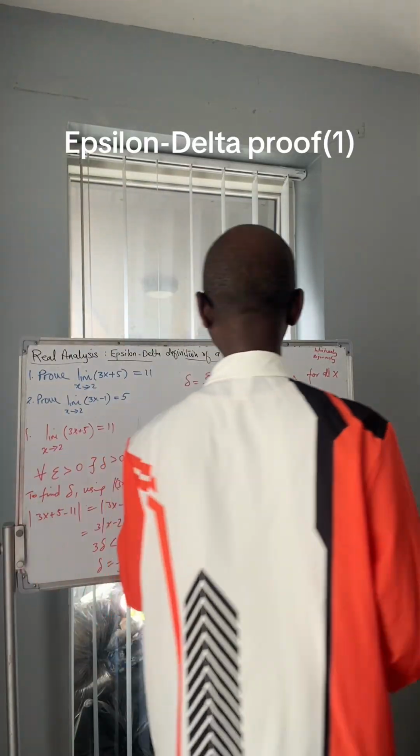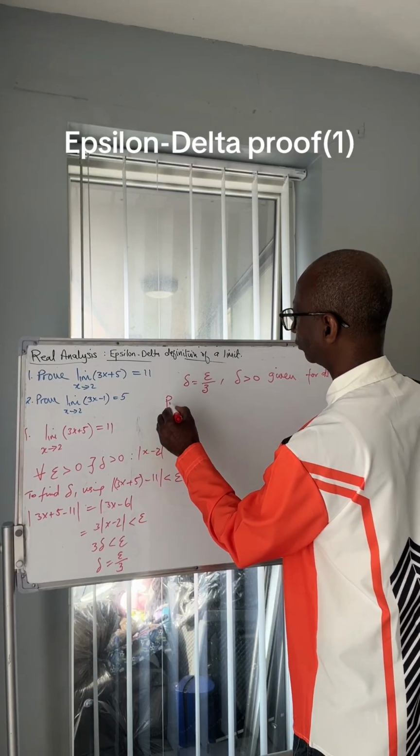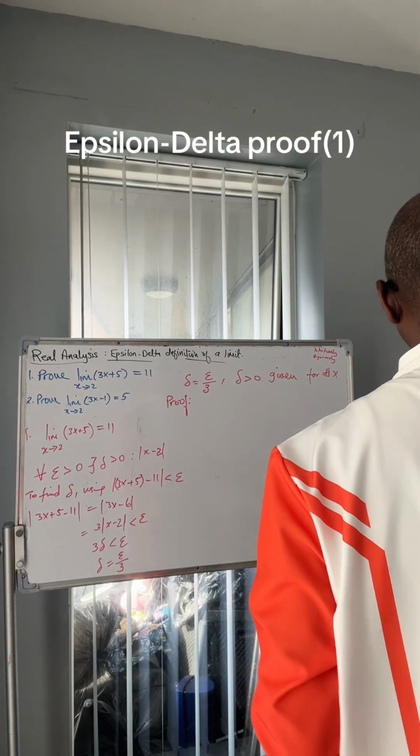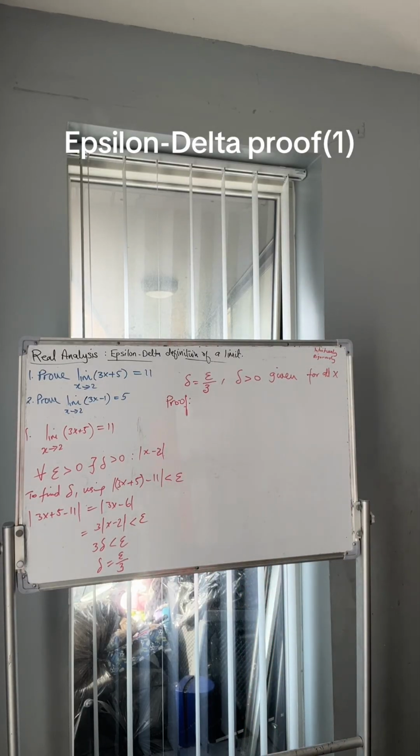So the next thing now is the proof. Now the proof follows. First thing you do, you try to find the value of delta. Once the value of delta is determined, now the proof becomes easy to do.